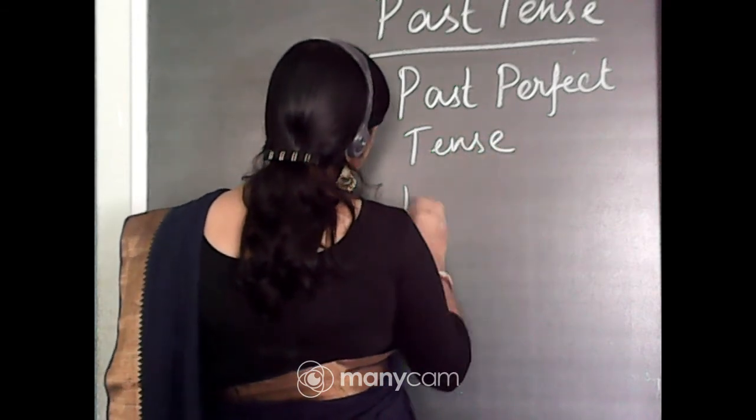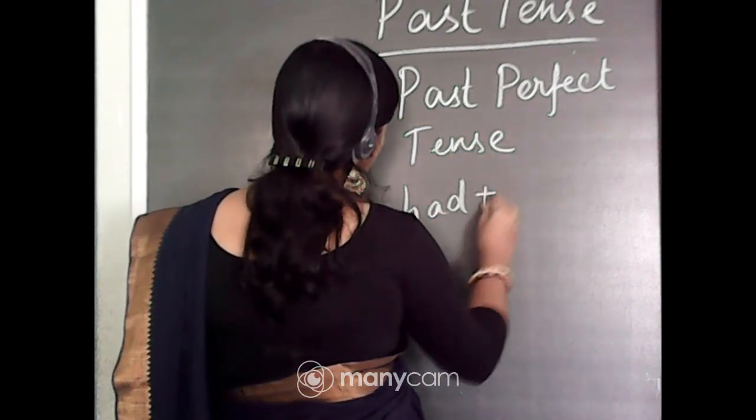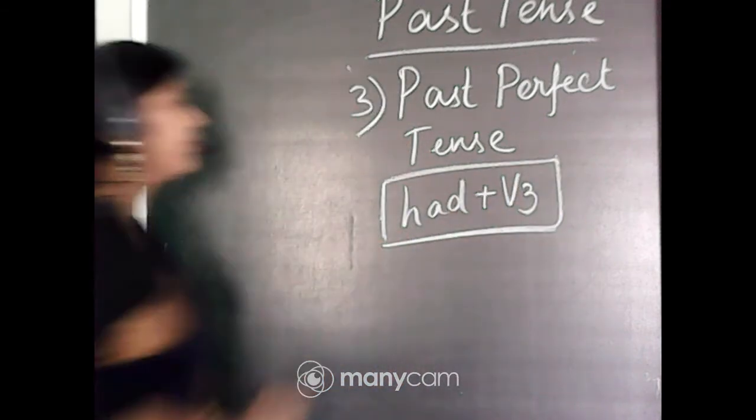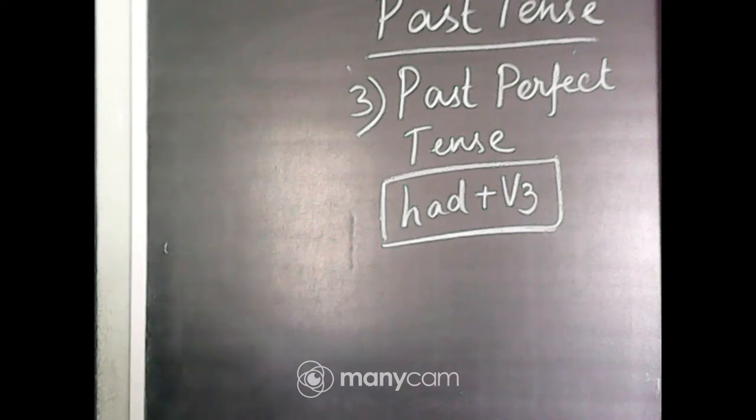The form is had plus V3. That is third form of the verb. Okay, this is the form of the past perfect tense.